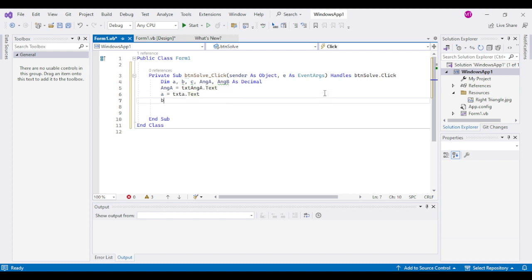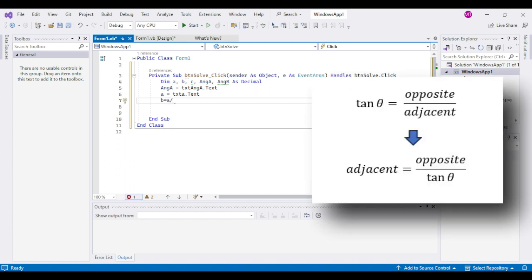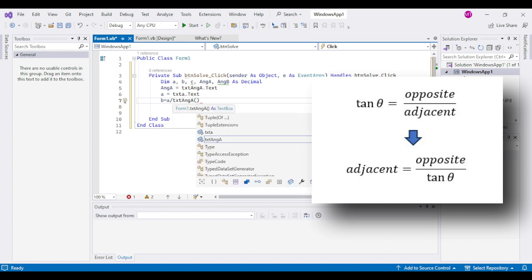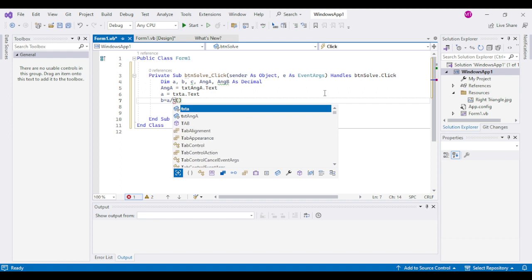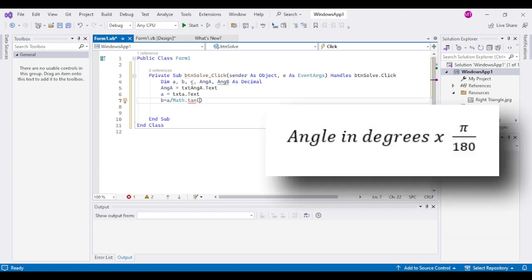So B is equal to, using tangent, so tangent theta is equal to opposite over adjacent. So the adjacent side will go up, then it is A over tangent theta. We have to use the math functions here. So Math.Tan. But our angle A is in degrees, so we have to convert it first to radians. We will just multiply the angle to pi over 180.